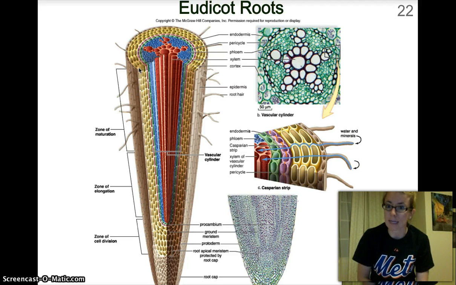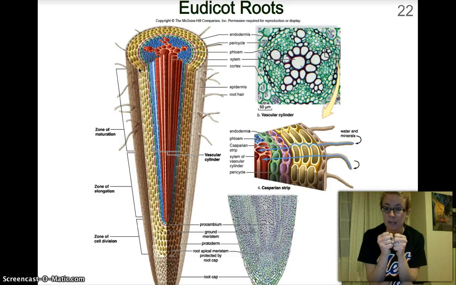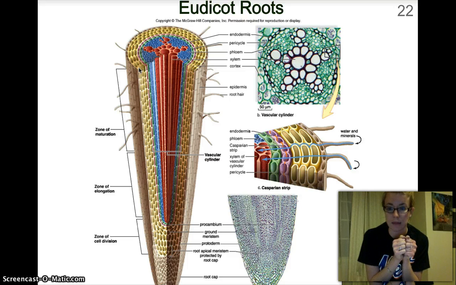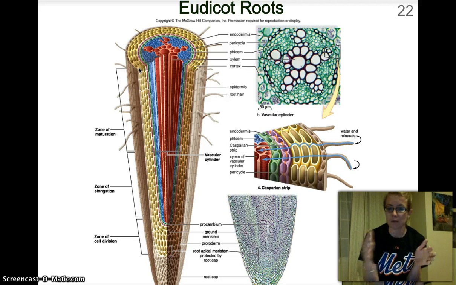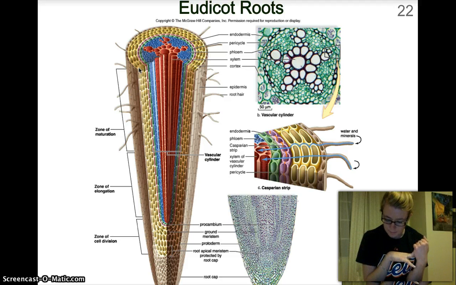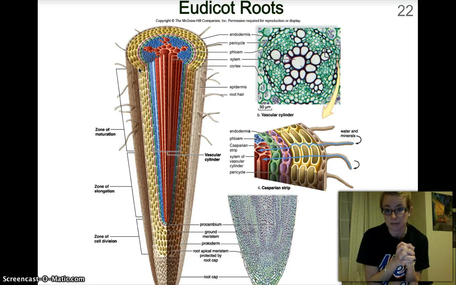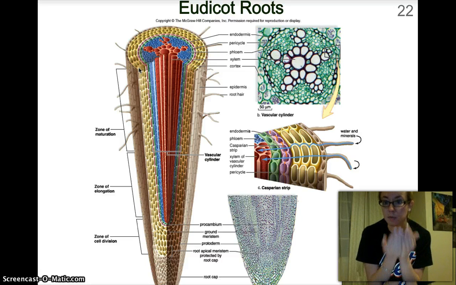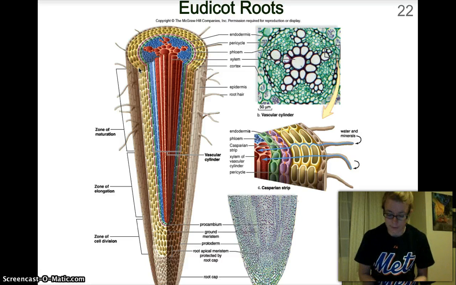Like the epidermal cells are very tightly packed together, water can't fit through the cell walls. But in the cortex, the parenchyma cells are not so closely squeezed together. Remember, parenchyma cells only have one cell wall. It's very thin, so water can move around them inside the cortex. And the cortex functions in food storage. So this is where we're storing food, in the ground tissue, the cortex, the parenchyma cells of the root.